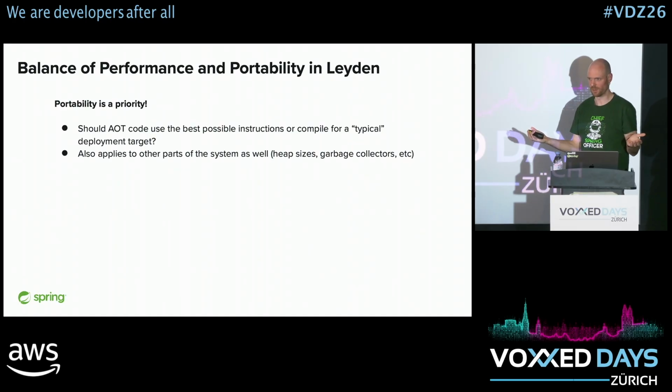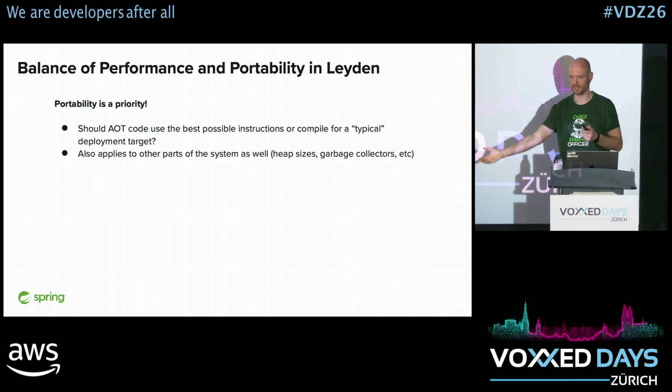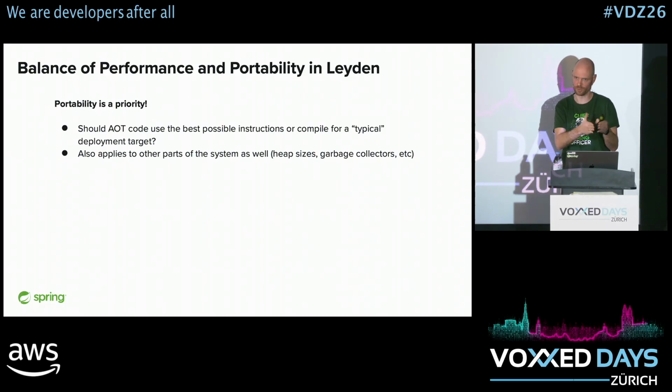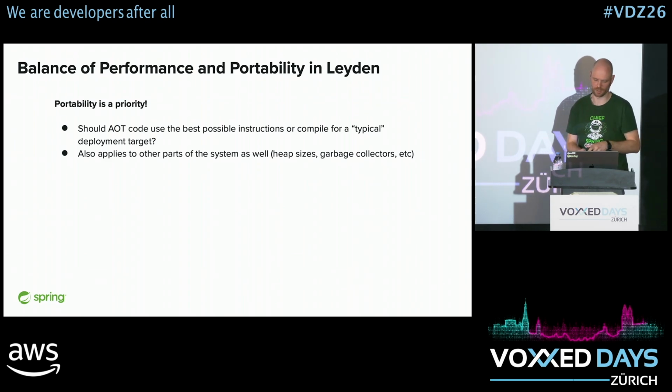Should it just fail? Should it throw away the compiled code and recompile again? Because this is compiled machine code, which is very targeted to the actual machine you're using. So if your production server is different from your developer machine, there's always a balance to strike here.